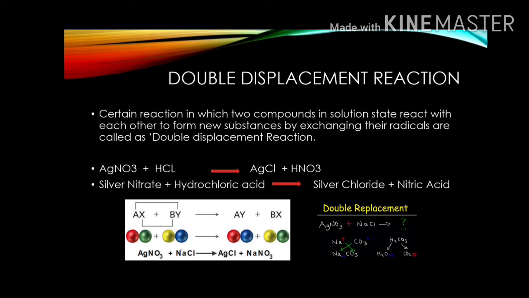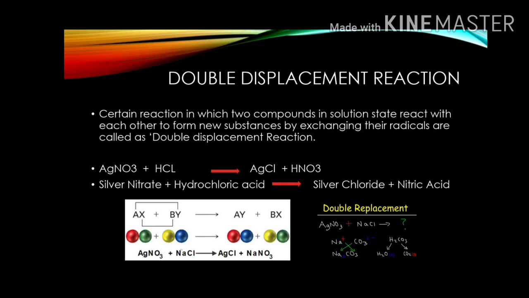So the example, AgNO3, that means silver nitrate plus hydrochloric acid HCl, and when they react with each other, and in which state? In solution state. What do they give? Silver chloride, AgCl plus nitric acid, that is HNO3.